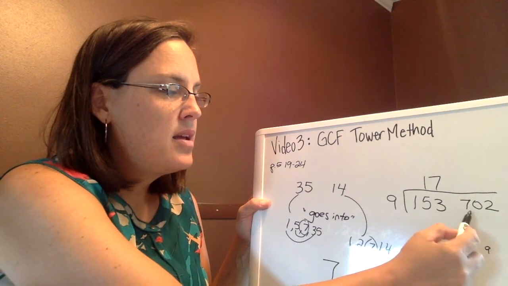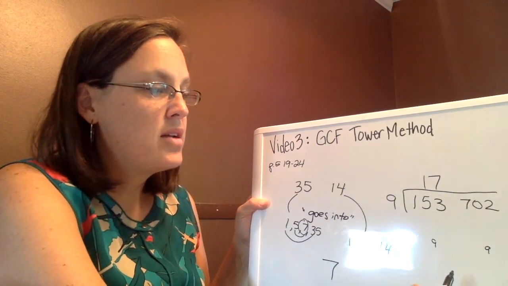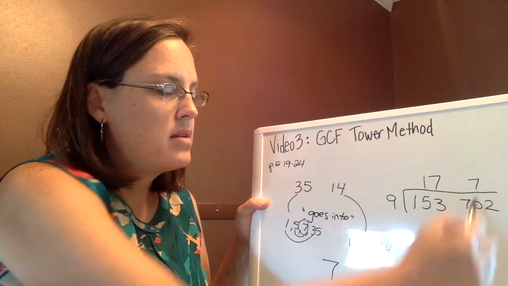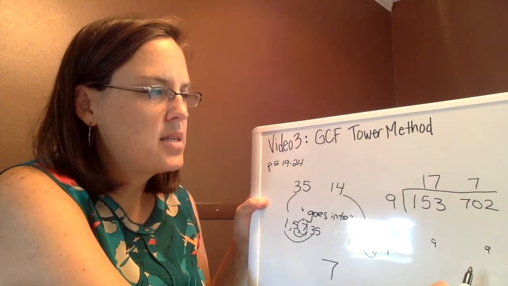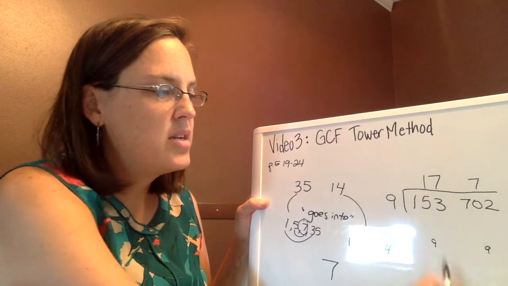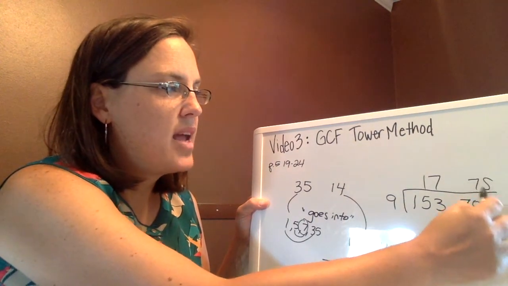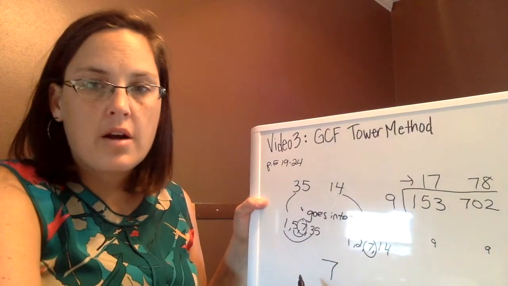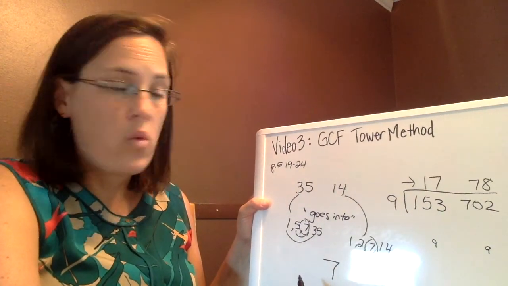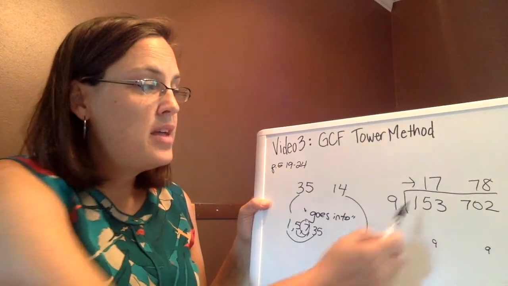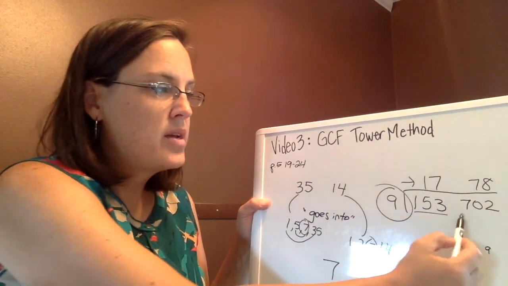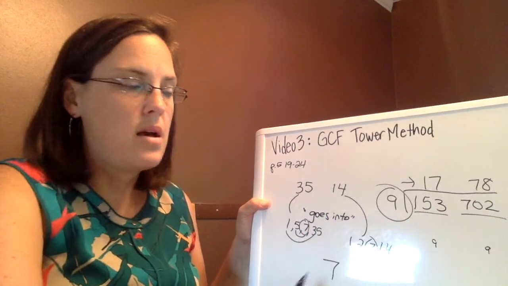And then 9 into 702 is 7, and then that's 63. And then 72, bring down the 2, that's an 8. Okay, these two numbers right here only have 1 as a common factor. So in this case, the greatest common factor of those two numbers, 153 and 702, is 9.